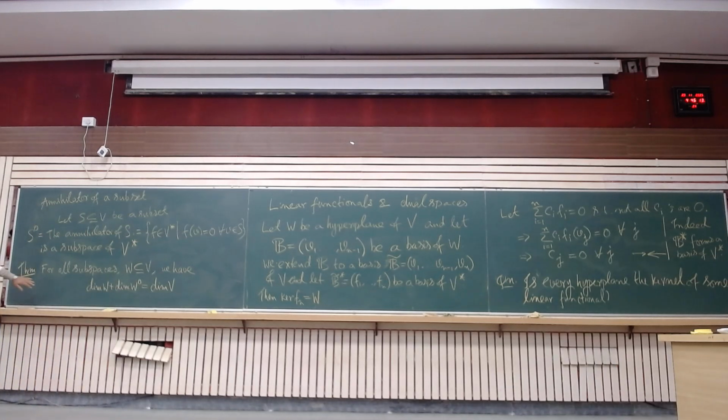Okay, so now let's come back to the proof. We have taken a basis of W. We extend it to a basis of the entire space V, and then we consider the dual basis.